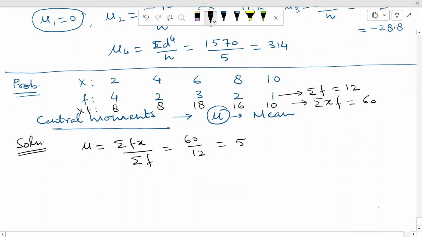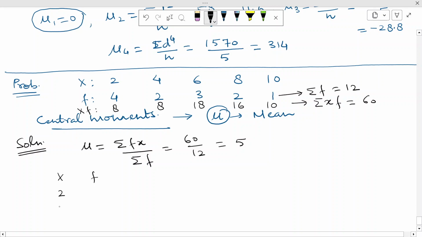Now once we have the mean, we can calculate the moments by calculating the deviations. Let us make the table similar to the previous problem. We are given the observations and the frequencies.